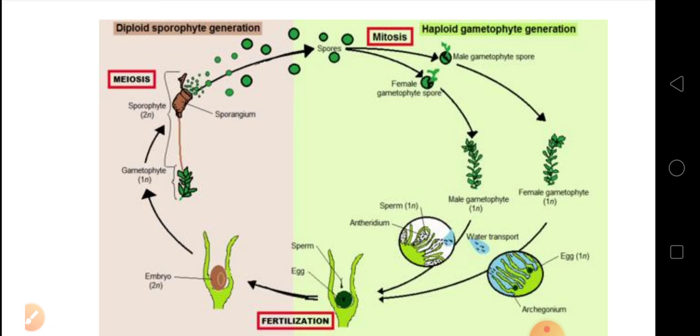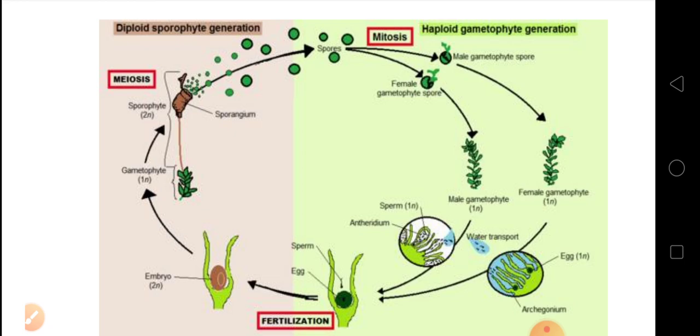The habitat of the bryophytes is damp areas, humid localities and shaded areas. Children, these bryophytes play a very important role in plant succession on bare rocks.